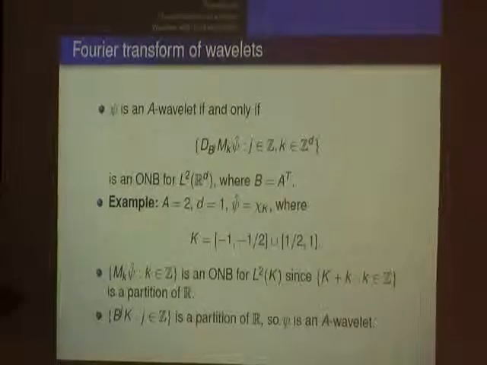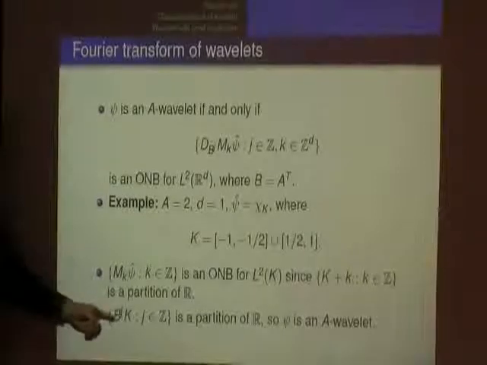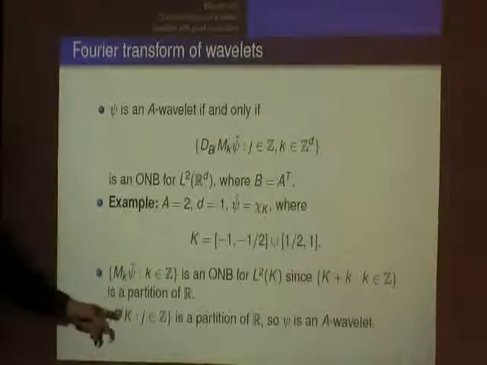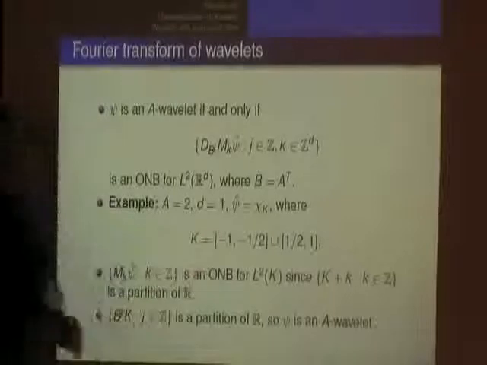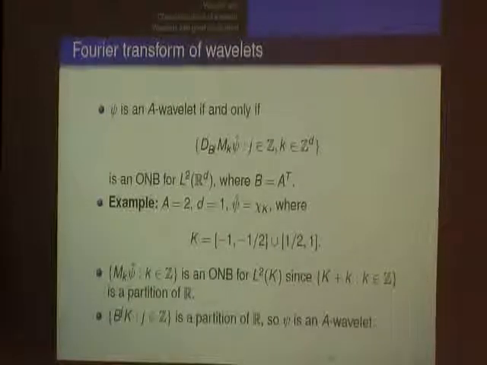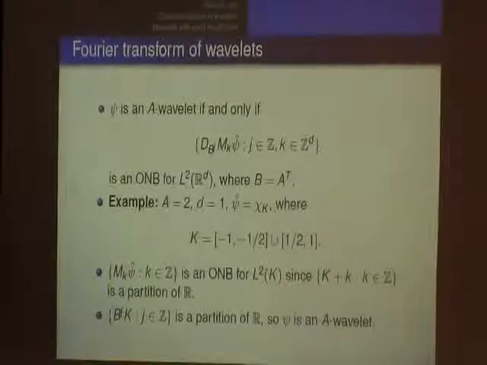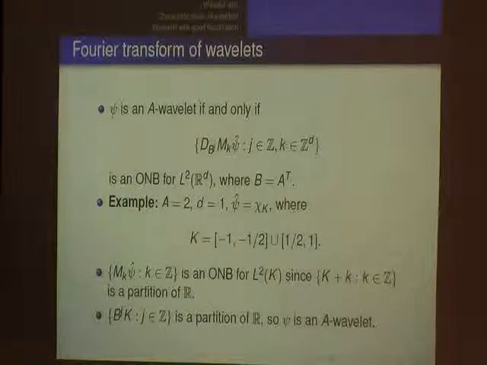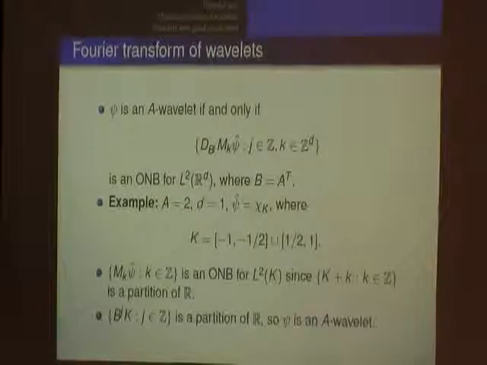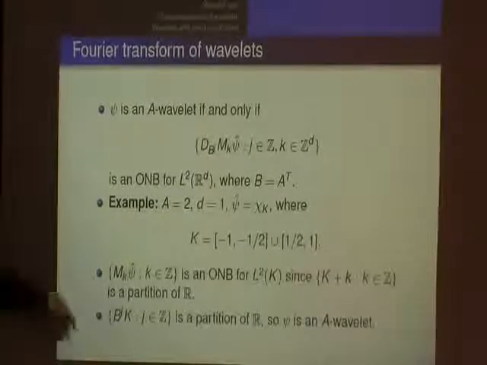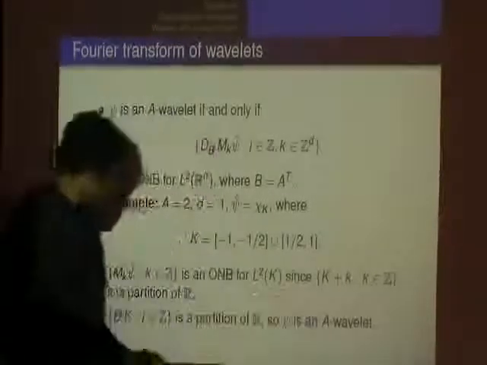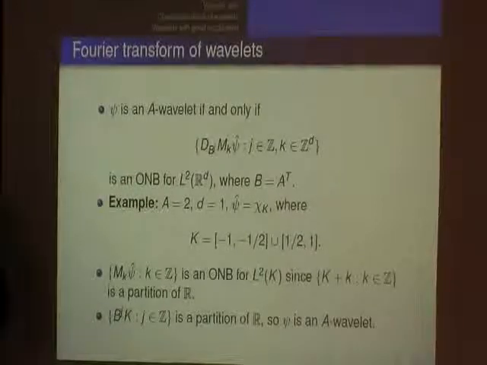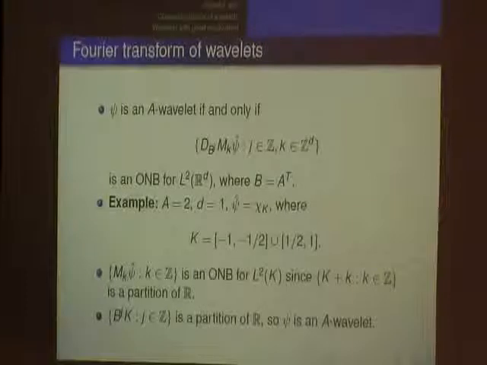The second part is that when I dilate this set by powers of 2, it covers the line with only little intersections, like single points; the important thing is that the intersections have measure 0. So it's a measurable partition of the line when I translate by integers, and also when I dilate by powers of 2. This doesn't depend on the exact dilation I'm using.